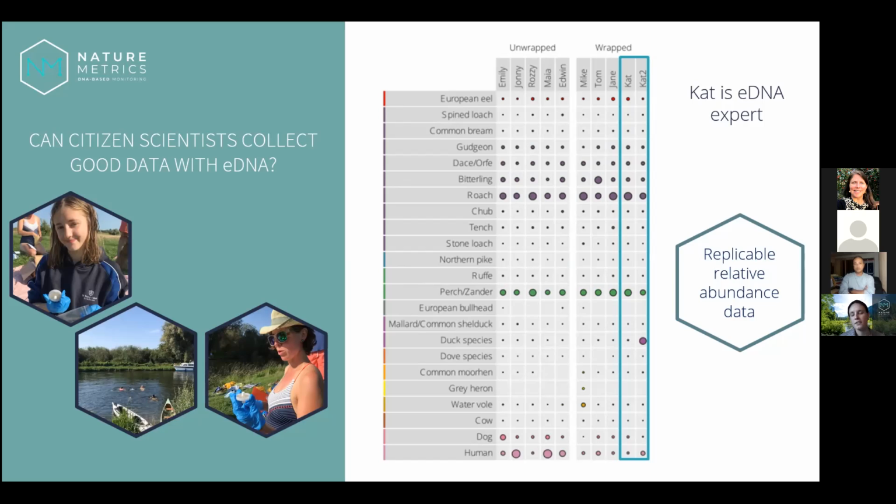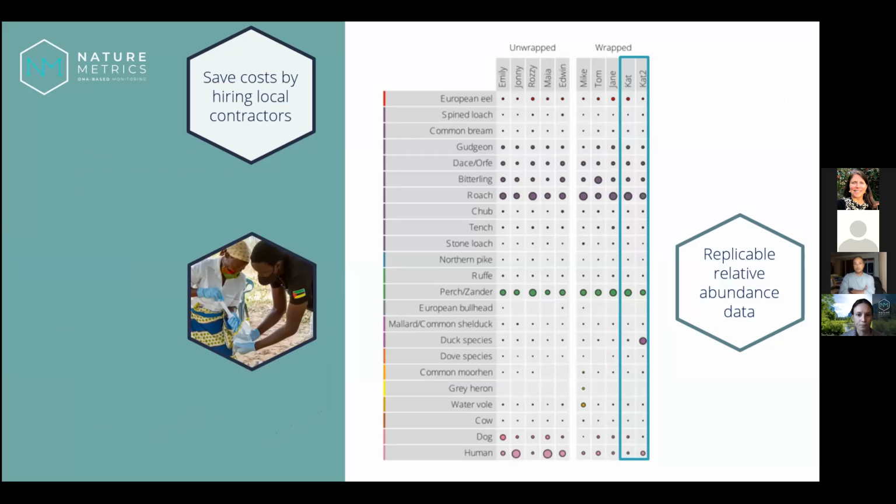There's no discernible difference between the data that we got from the samples that I took and the data that the participants got. Pretty much every single species is detected in every sample, and in really consistent relative abundances. So that gives us a huge amount of confidence in the quality of the data that we're getting from these samples, even when the samples are collected by people who haven't done a lot of it before.